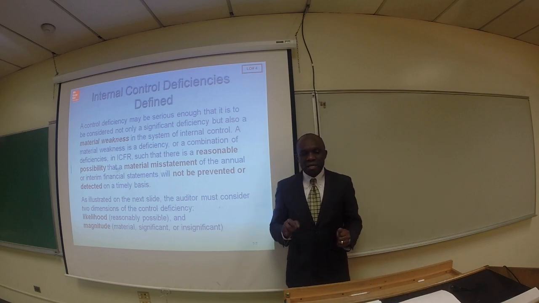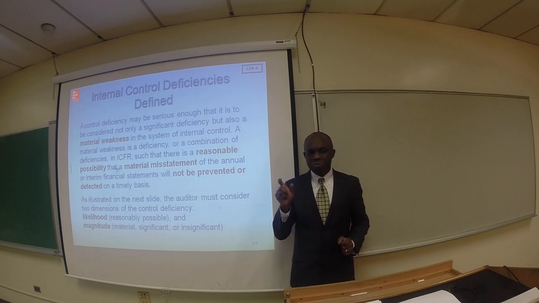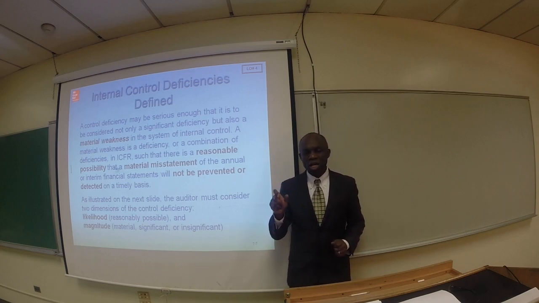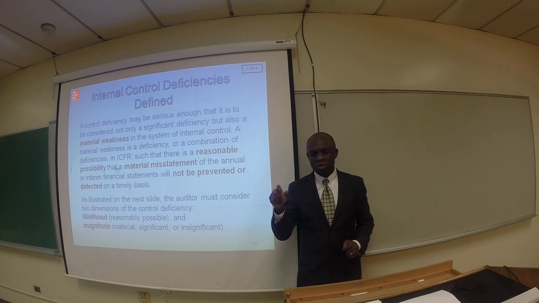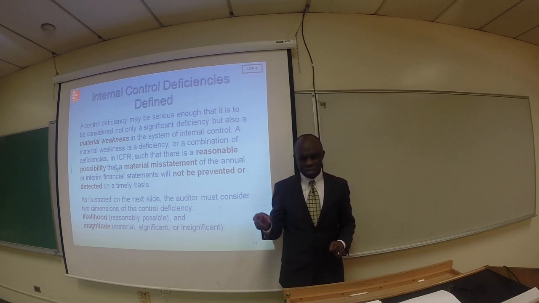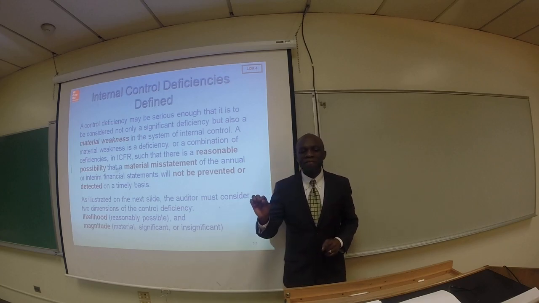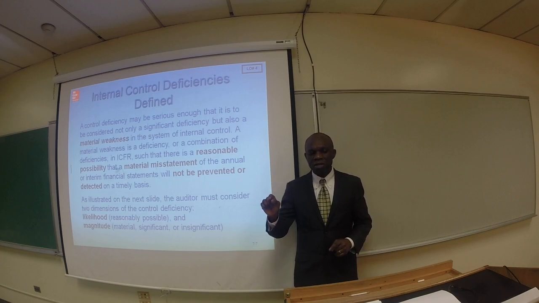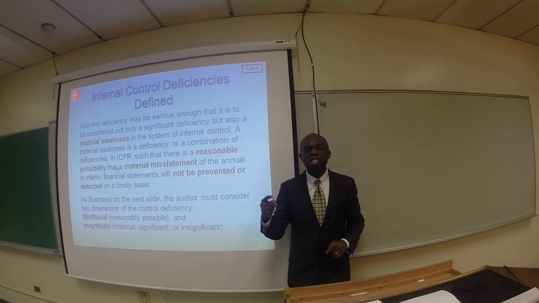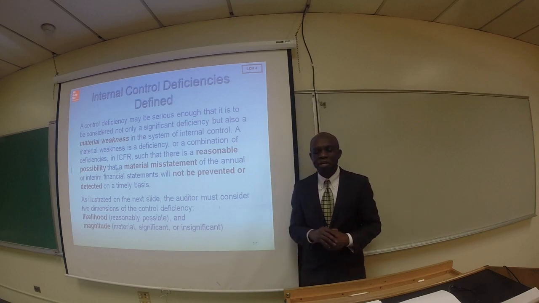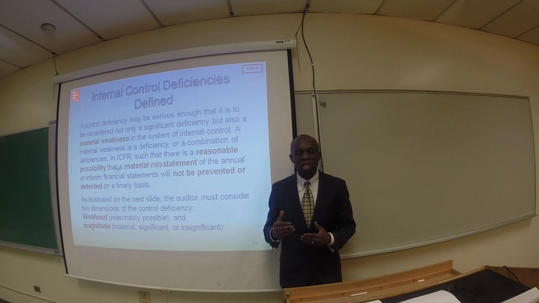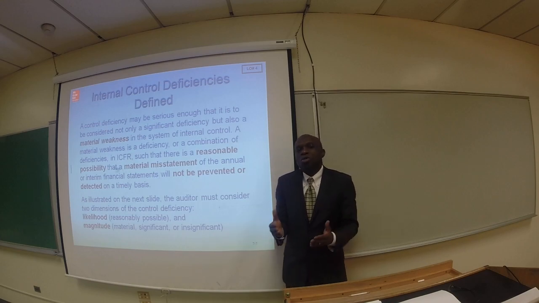Here we said that a control deficiency may be serious enough that it is to be considered not only a significant deficiency but also a material weakness in the system of internal control. What does that mean? Let's read further. A material weakness is a deficiency or combination of deficiencies in internal control such that there is a reasonable possibility that a material misstatement of the annual or interim financial statements will not be prevented or detected on a timely basis. So what does that mean?